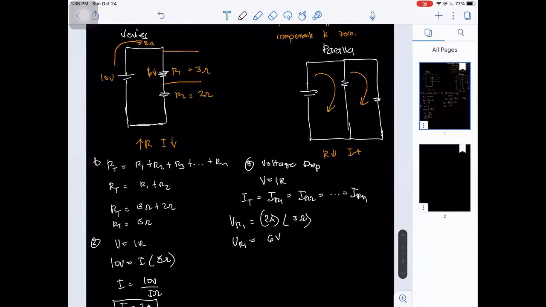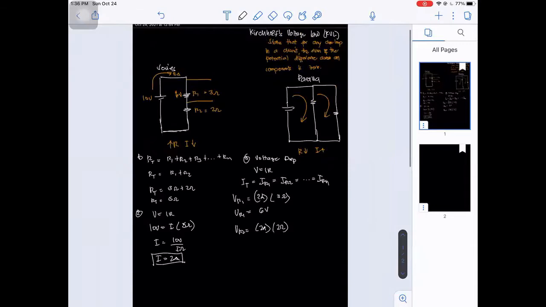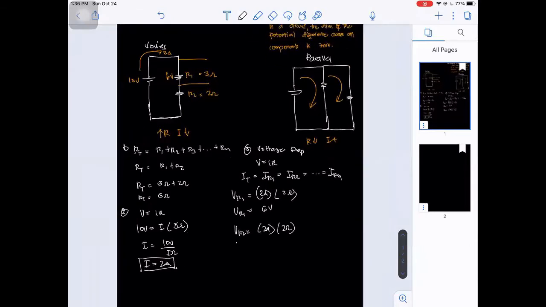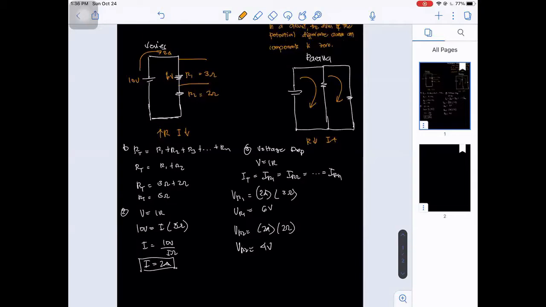And for VR2, we have 2 amperes multiplied by the 2 ohms resistance, so our VR2 is equivalent to 4 volts. So we now have 6 volts and we now have 4 volts.